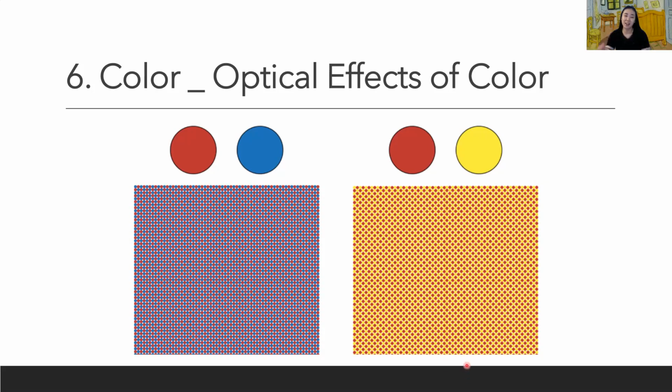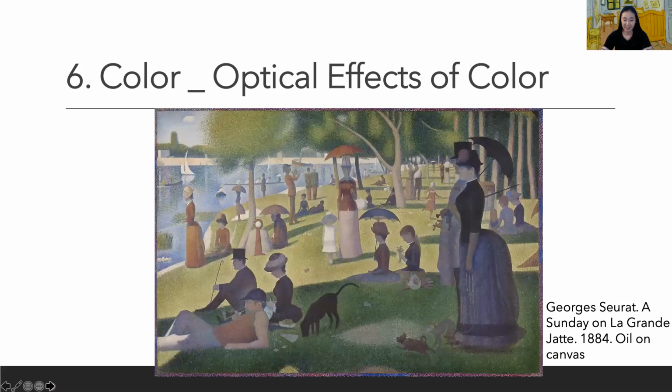Because our eyes blend these two colors automatically. So this is Georges Seurat's painting. When you look at his painting closer, you can see there are no brush strokes, and it consists of tons of tiny color dots.